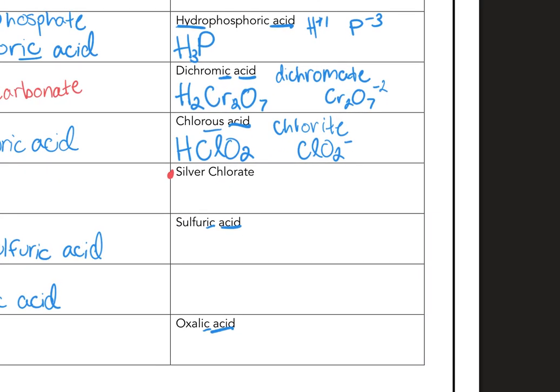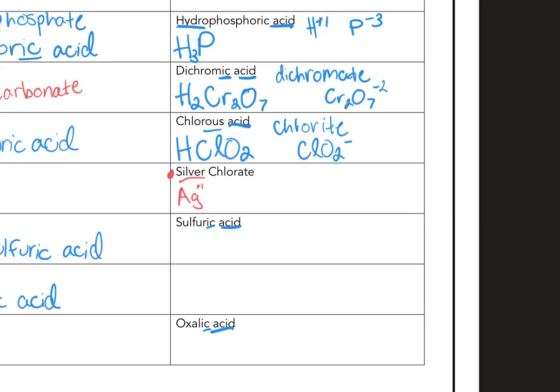All right, last one, we're going to do silver chlorate. So remember, we also have that list of monovalent transition metals. So these are the transition metals that will always only have 1 charge. So we do not have to write a Roman numeral for them. So silver is one of them. Silver is Ag. Silver has a +1 charge. Again, this is also found on the back of your periodic table.